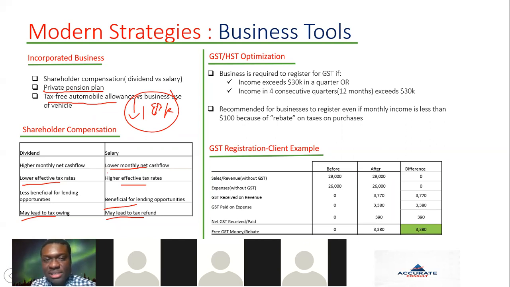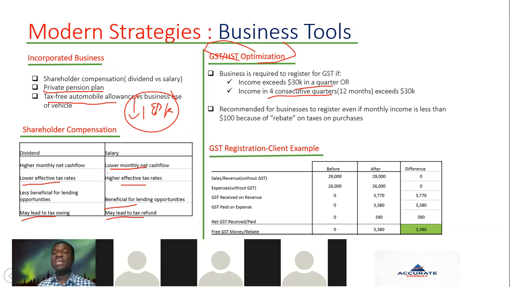Then I think on this same slide, to the far right, we have what they call GST optimization. So what we recommend to our clients is, even if you are a small business, the law requires that if your gross income exceeds 30K in a quarter or in 4 consecutive quarters, you are expected to register for GST.